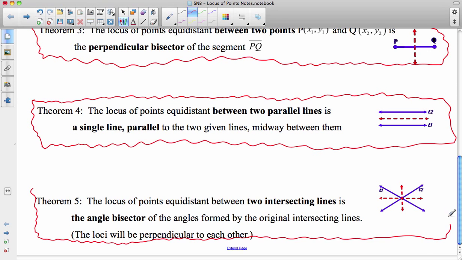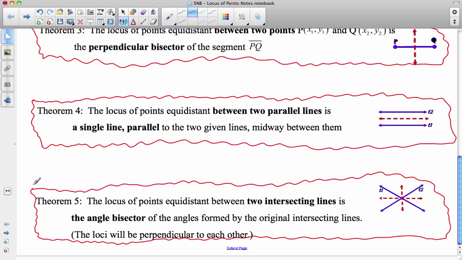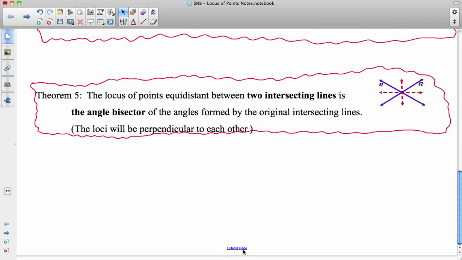The 2 angle bisectors will be perpendicular. Okay, so let me just give us a little more space here. So those are the 5 rules that we need to remember. And we're going to do examples of those 5, so let's go to the next page.